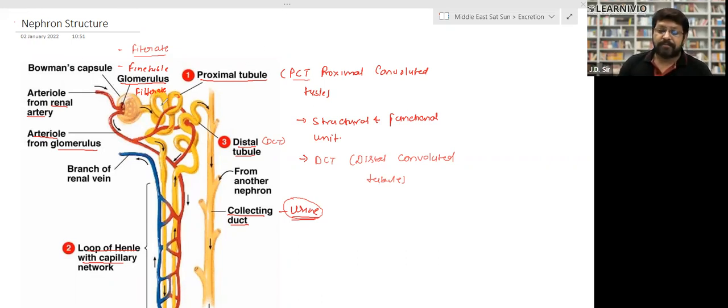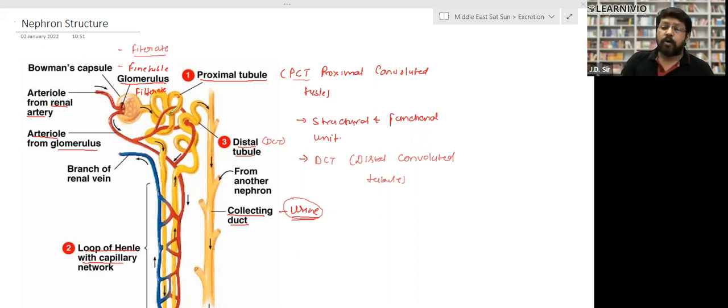This filtrate has urine plus some important material like minerals, sodium, potassium, glucose, right? When this filtrate passes through PCT, loop of Henle, and DCT, the body will take back those important nutrients and leave only urea and water.